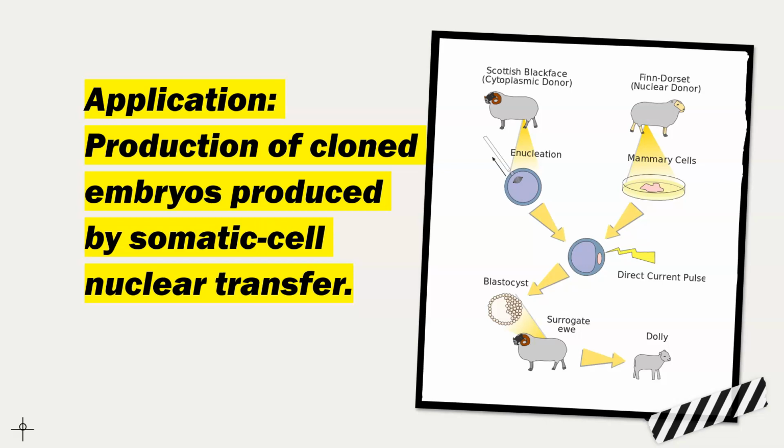From the gamete you withdraw the nucleus, keep the gamete, you then put the nucleus of the somatic cell into that cell, let it start reproducing, developing, and then you put it into the surrogate. The surrogate then gives birth to a clone of the parent where the somatic cell was taken from. A really interesting process.